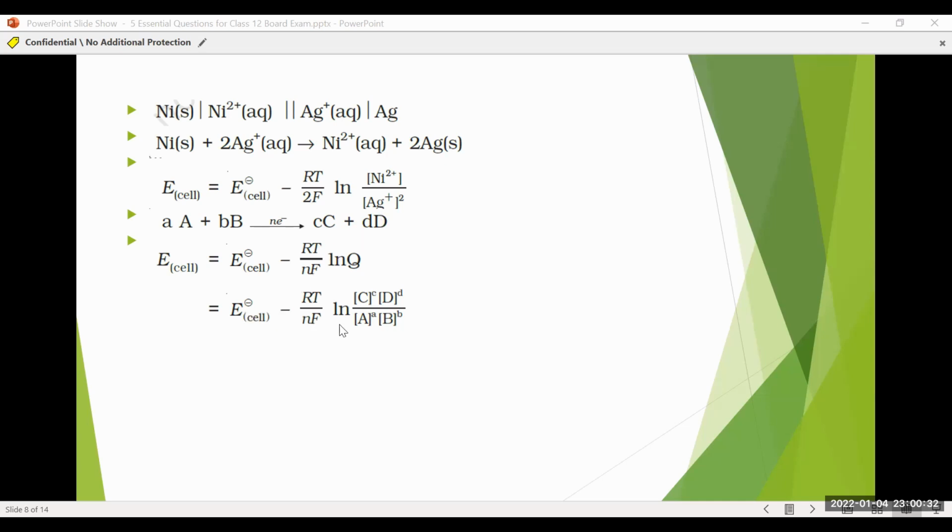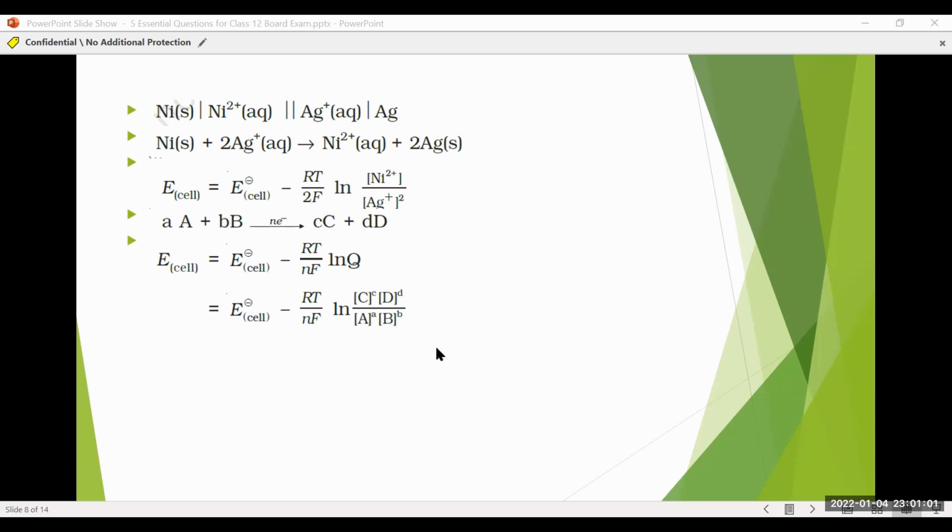So let us go subsequently. E naught cell minus RT upon NF log base e, C raised to c, D raised to d, A raised to a, and B raised to b. This equation can be used for doing any kind of numerical problem, for calculating E cell or any concentration factor asked in the board examination.